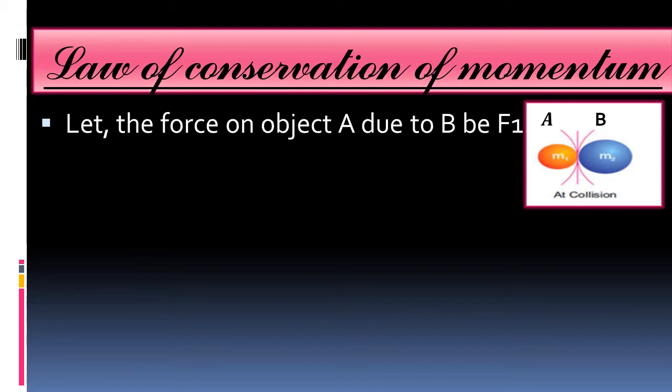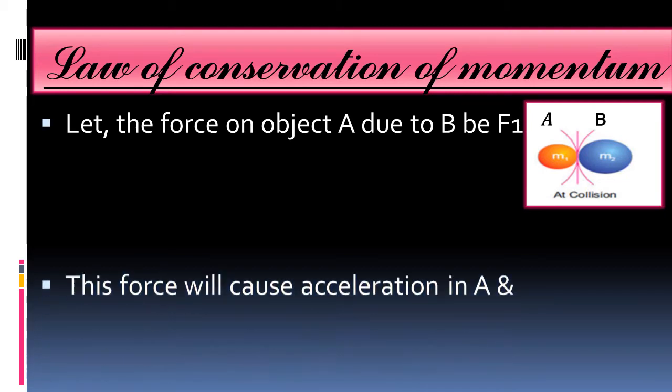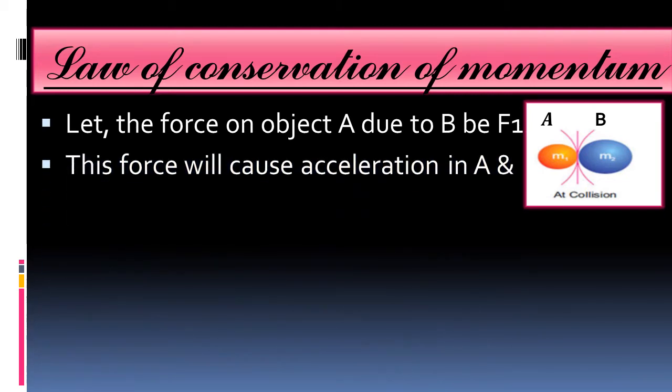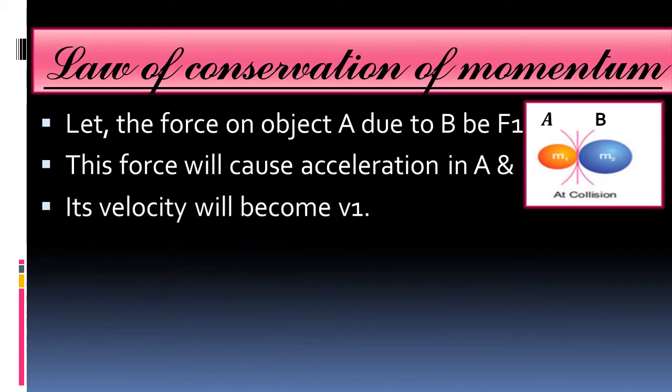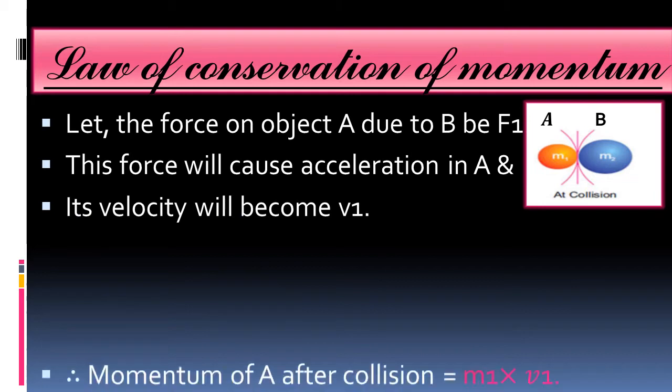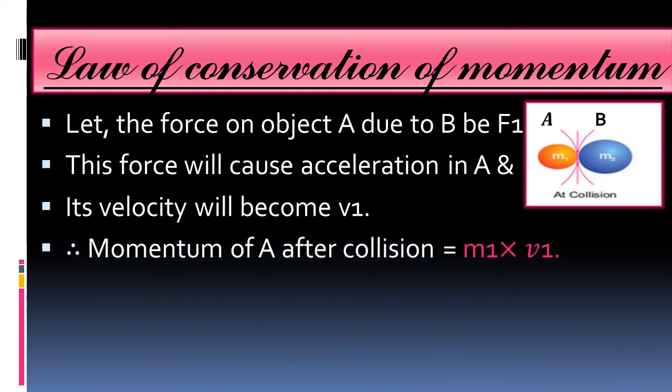This force will cause acceleration in object A, and its velocity will become v1. Therefore the momentum of object A after collision will be m1 multiplied by v1, its final velocity.